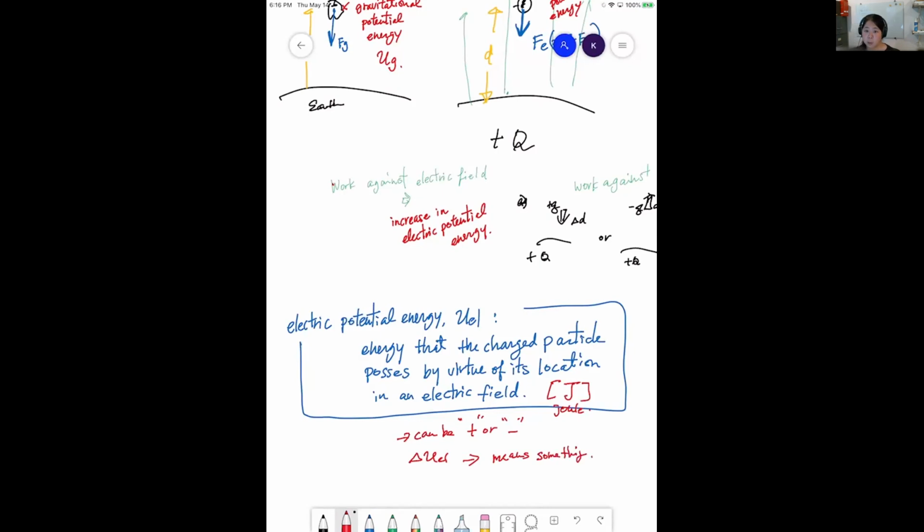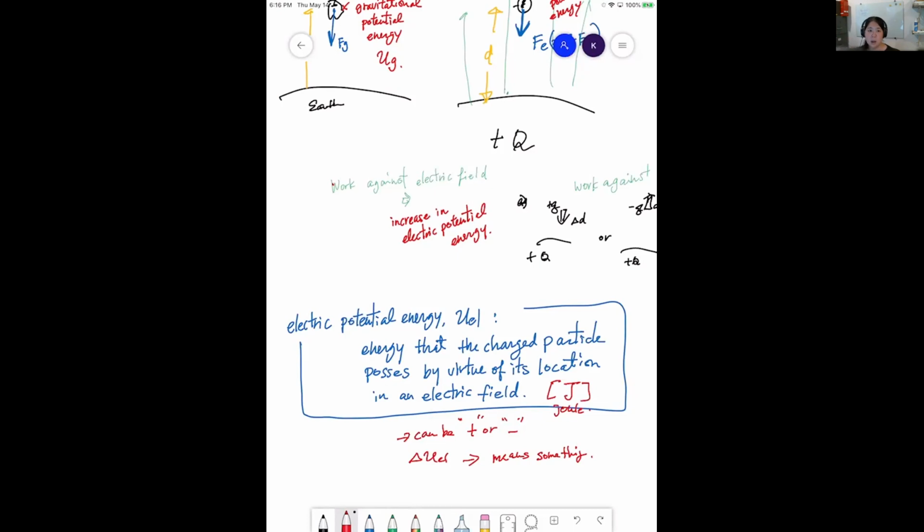The absolute value of a potential energy doesn't have any physical value to it. But change in potential energy is the one we're interested in. Do you have an increase in potential energy by how much, or decrease in potential energy by how much? But you can put zero anywhere.